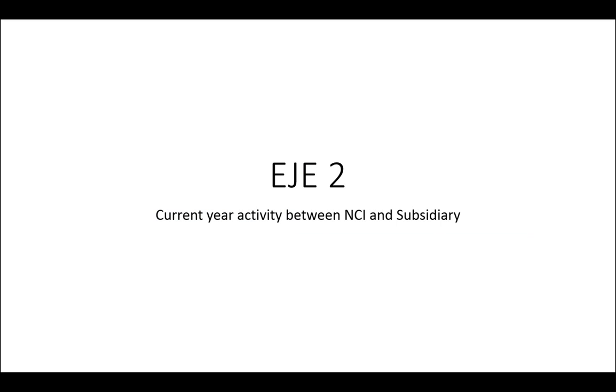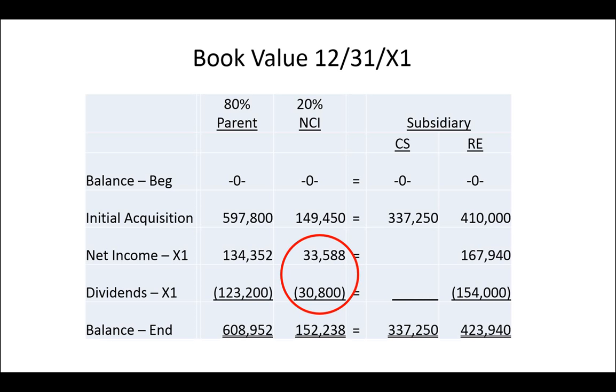The second EJE is new in that we have to account for the NCI's portion, or the 20% that they get of the sub. That information, just like EJE1, is going to come from the book value schedule.